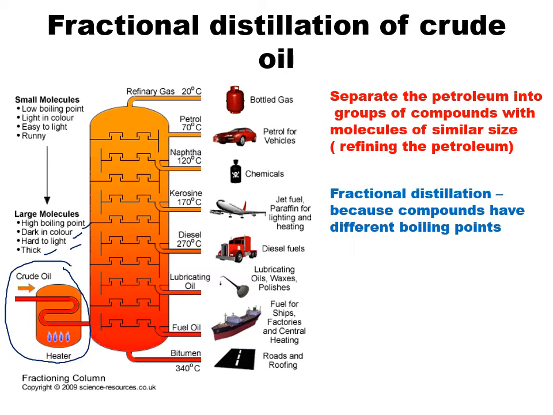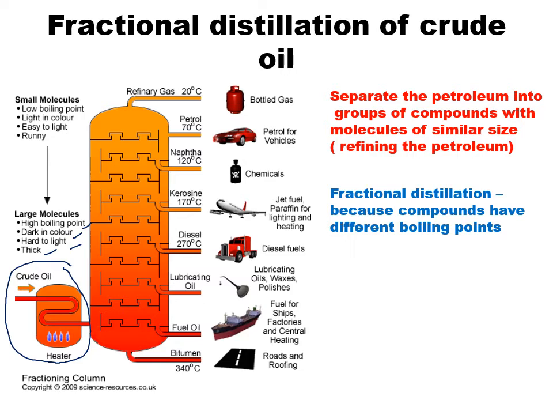Petrol is used for vehicles. Naphtha is usually used for chemicals. Kerosene can be used as jet fuel. Paraffin is for lighting and heating. Diesel is for fuel. Then there are lubricating oil, waxes, and polishes.